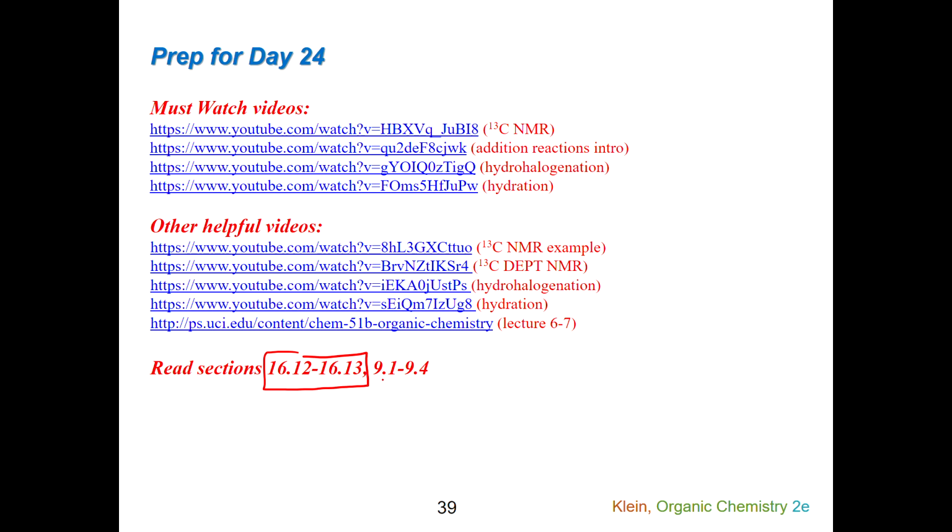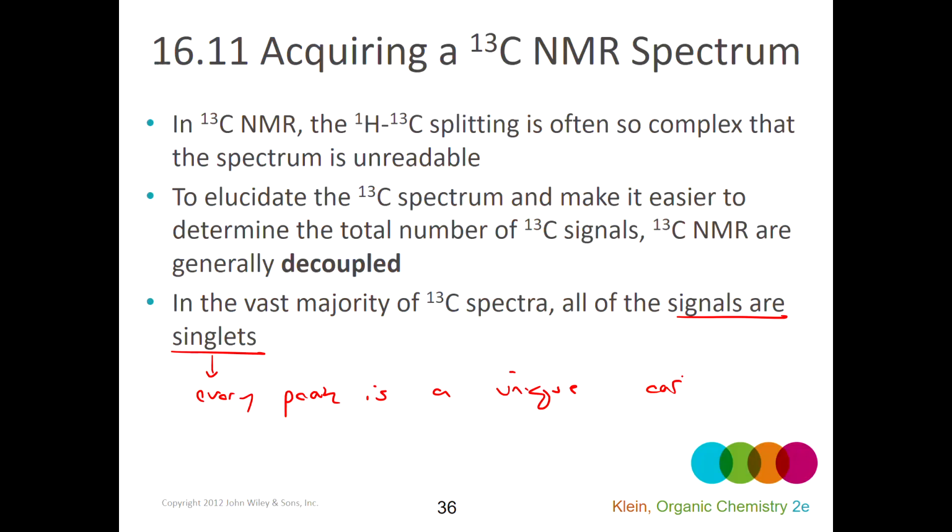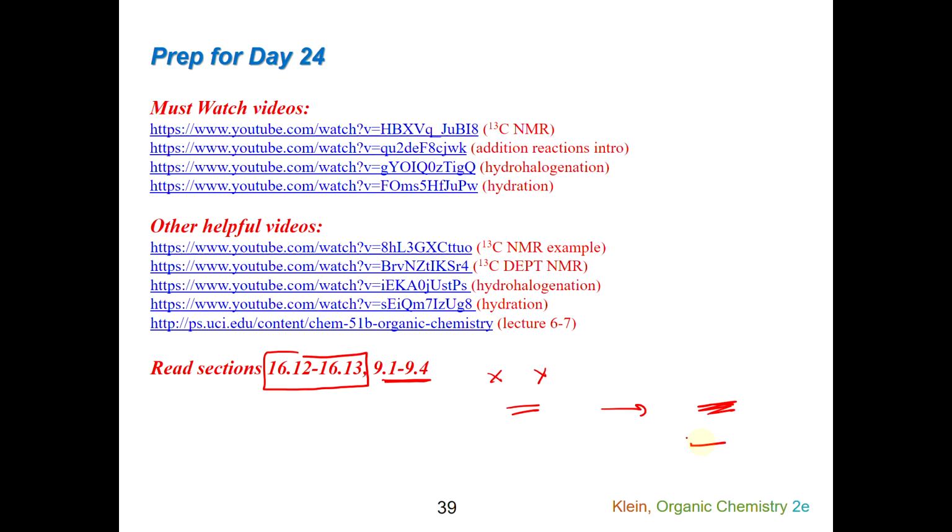And then also on Tuesday we're going to get into Chapter 9, which is about addition reactions, where you take a pi bond and you add some groups across that pi bond to create some new sigma bonds. And so we'll look at ways to manipulate structures with some new reactions. An addition reaction is like the opposite of an elimination reaction. There's a lot of variety there, and we'll start to get into that on Tuesday.